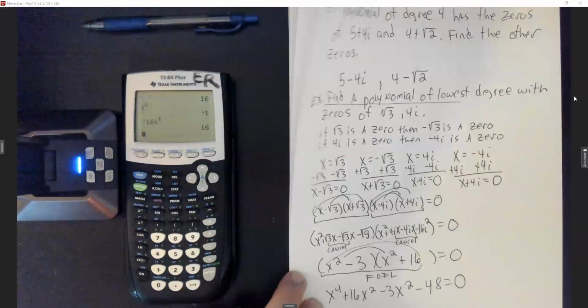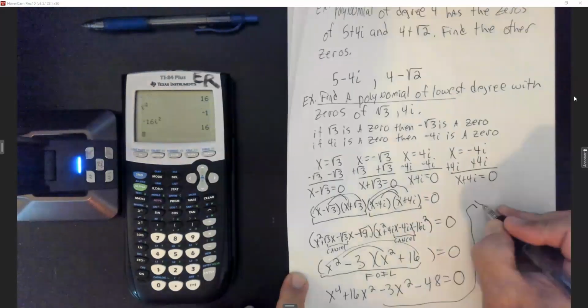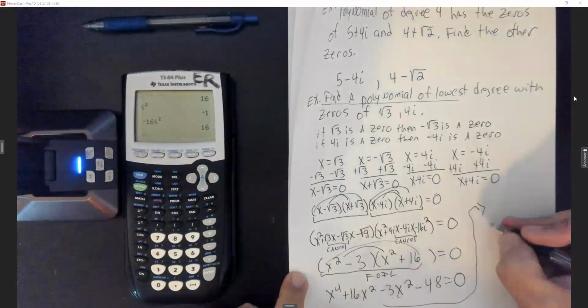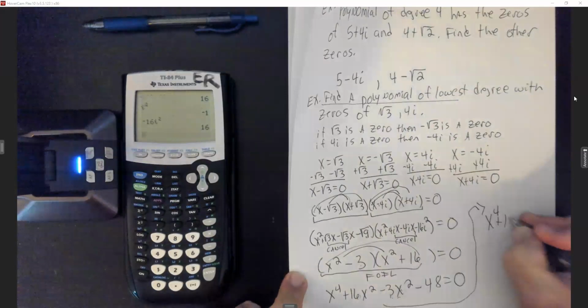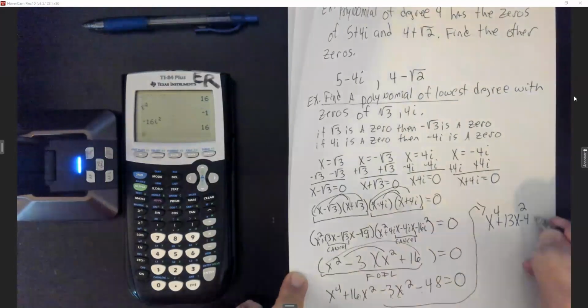And y'all, I'm going to bring that over to the side because the last thing I got to do is add those like terms in the middle. So bring over your x to the 4. 16 minus 3 gives you 13x squared minus 48, all equal to 0.